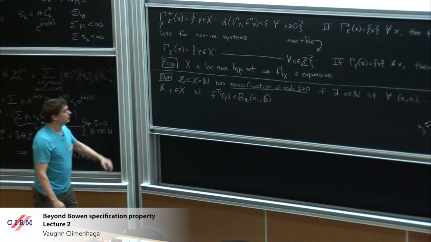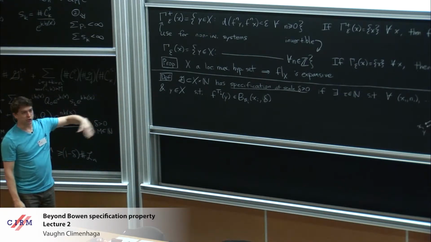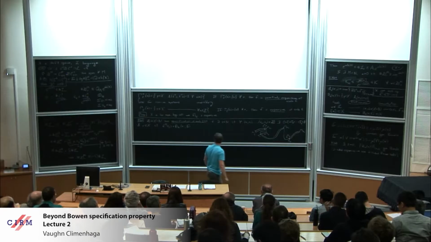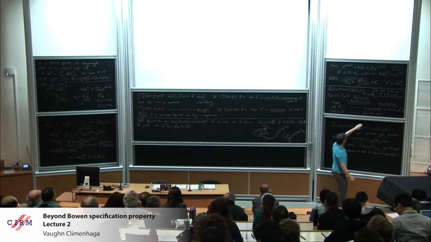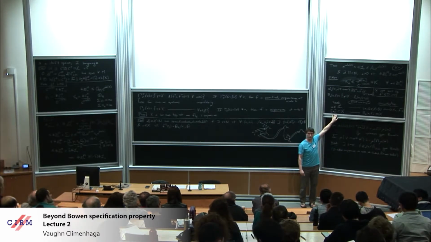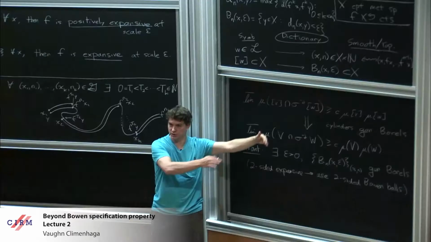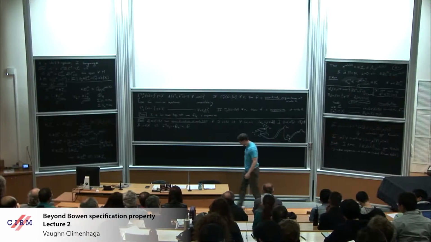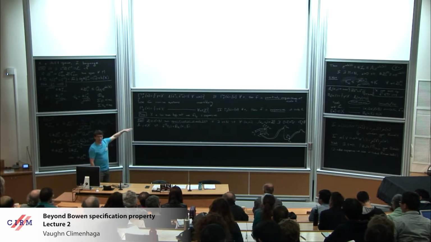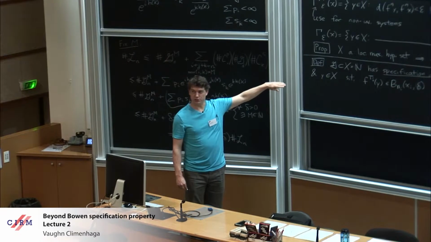So this is the condition that you shadow each of the orbits in turn. And if you think about the dictionary, this corresponds to lying in the appropriate cylinders in the symbolic case, which is just the condition that the right word appears in the right place. But if this is all we ask for, then you can deduce this from topological transitivity.